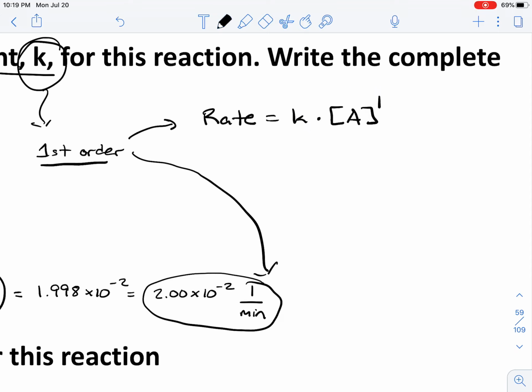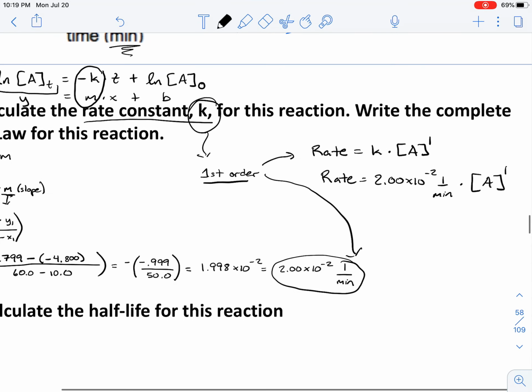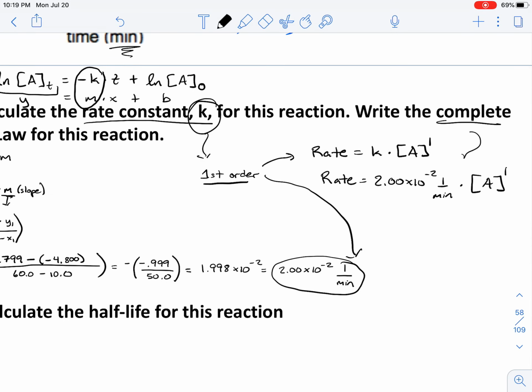Let me just rewrite it then. So the rate is equal to 2.00 times 10 to the negative 2, 1 per minute, times the concentration of A raised to the first power. Okay. So this would be the complete rate law for this chemical reaction.